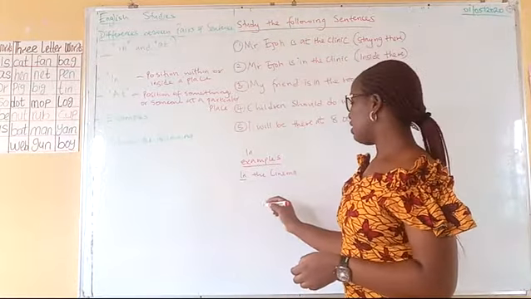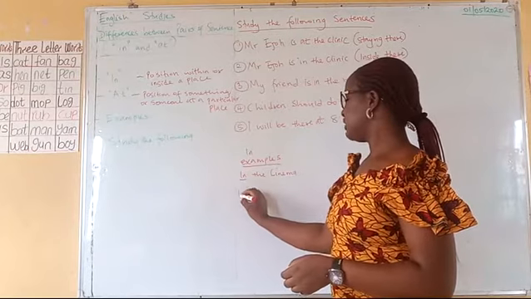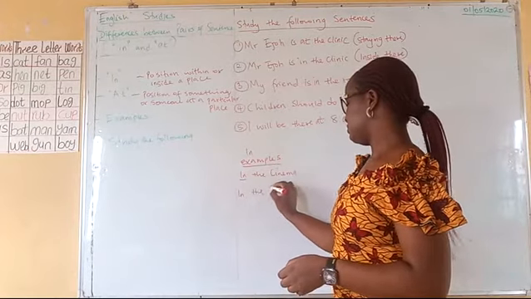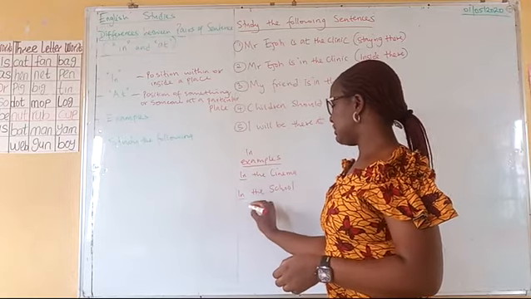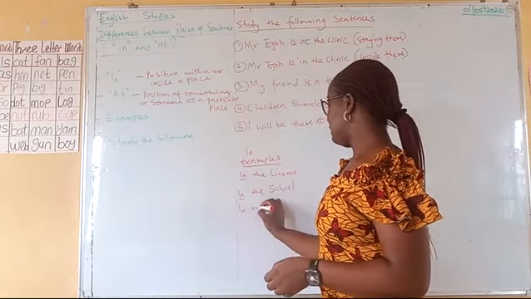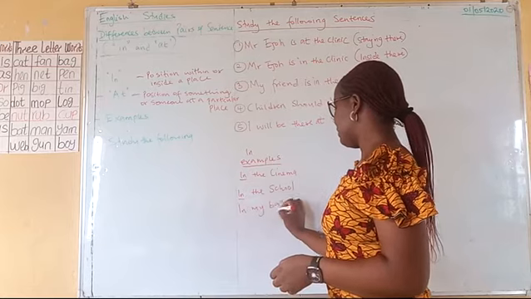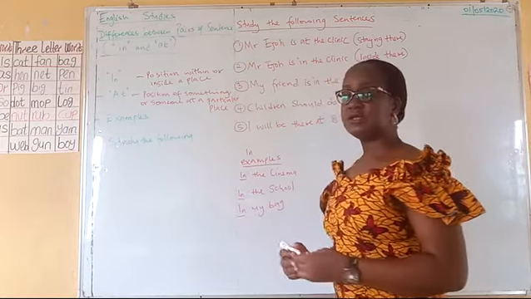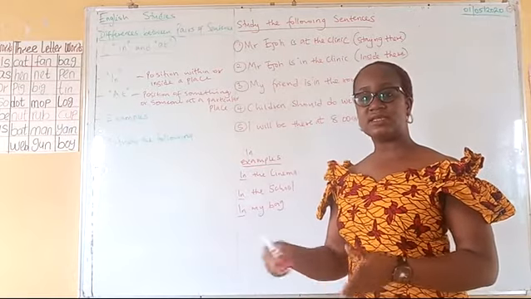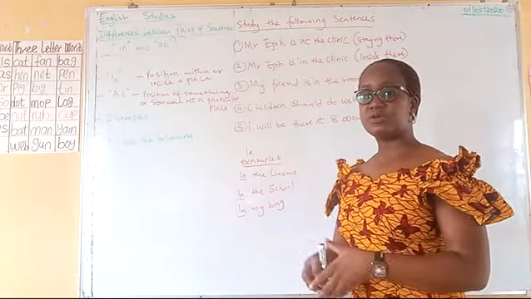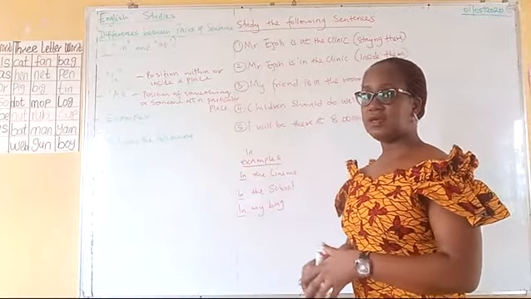We can also talk about in the school. My money is in my bag. In my bag. So that's what we are saying, within or inside. The tea in the cup. So the tea is inside the cup.